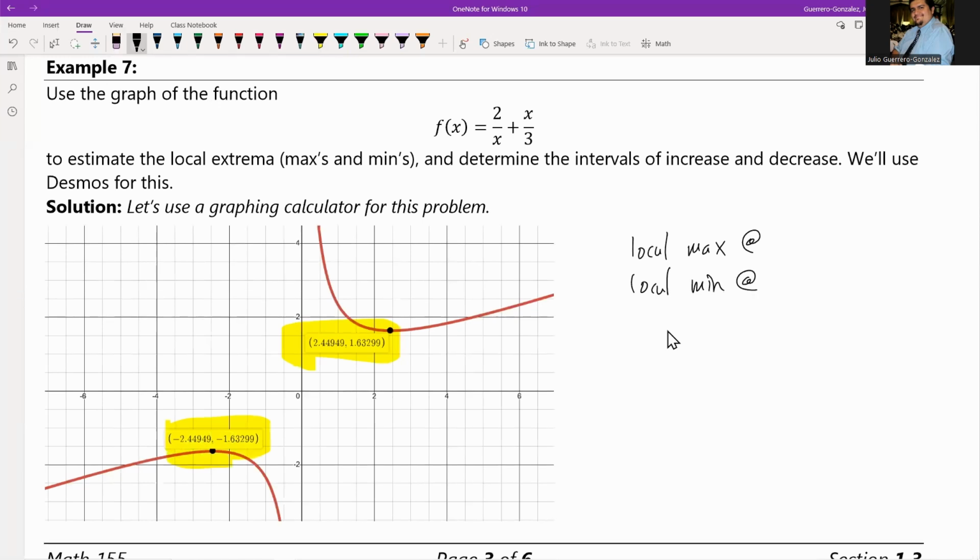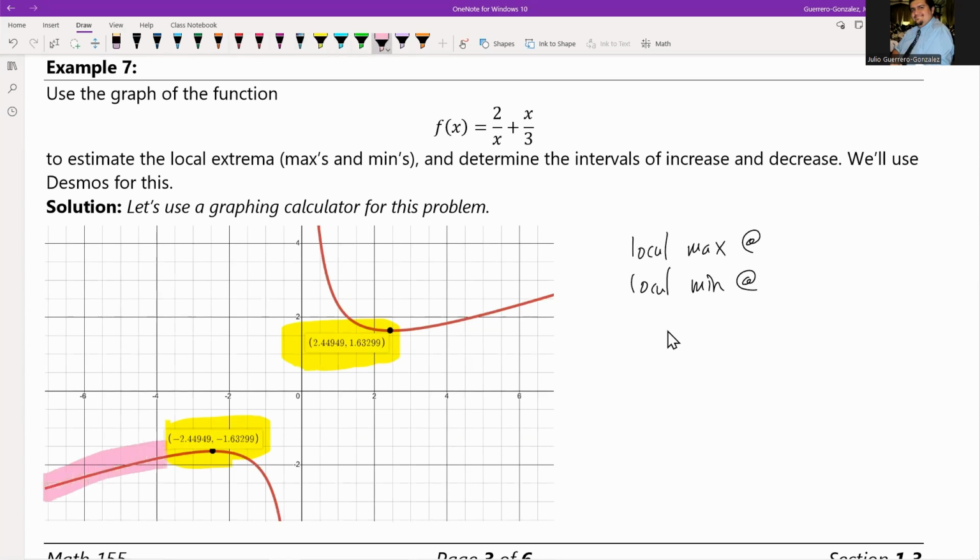Okay, this one's going to be a little confusing, but just keep in mind we have already these things defined, right? So a local max is when it's increasing before and decreasing after. Got it? Increasing before and decreasing after. That is this strip right here.